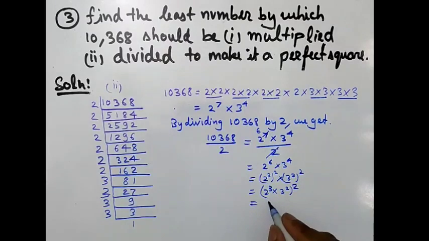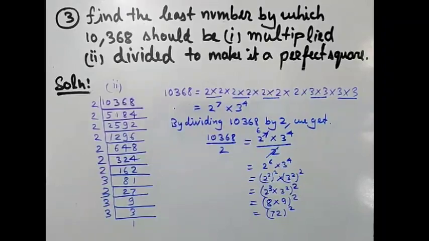That will give us 2 cubed, 8, multiplied by 9, whole square, which means 9 8's are 72, whole square. So if I square 72, I'll get a perfect square number. So by this expression I can understand the result will be a perfect square, right? So after dividing by 2, we'll get a perfect square number from 10,368.